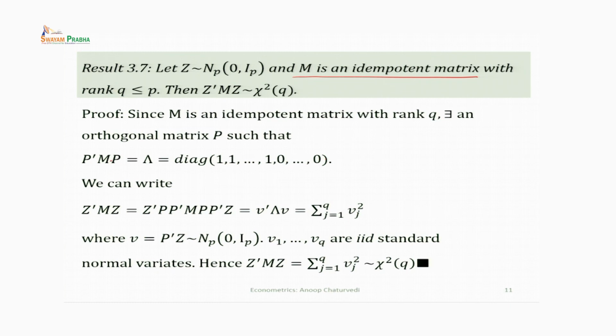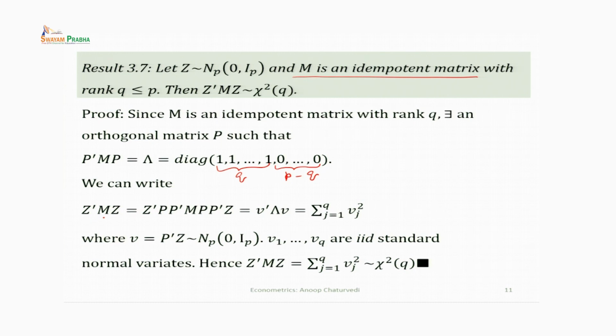So, if the rank of M is q, then q elements are equal to 1 and the remaining p minus q elements are equal to 0. In fact, if M is an idempotent matrix, then q of its eigenvalues are 1 and the remaining p minus q eigenvalues are 0. And this diagonal matrix lambda consists of the eigenvalues of M.